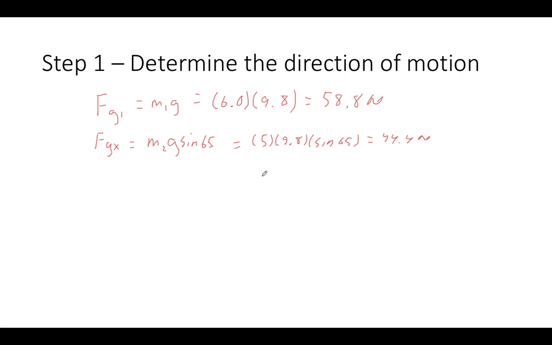Since Fg1 is greater than Fgx, that means the 6 kilogram mass is going to move downward. The downward direction of the 6 kilogram mass is going to be the positive direction. So Fg1 is greater than Fgx.